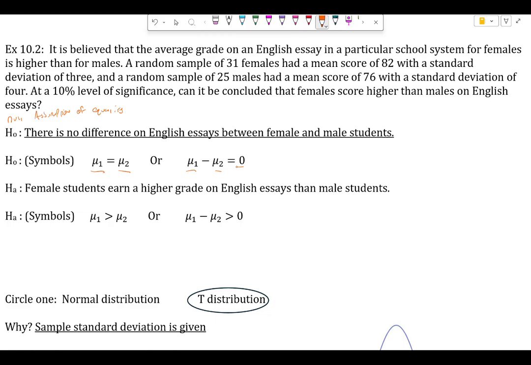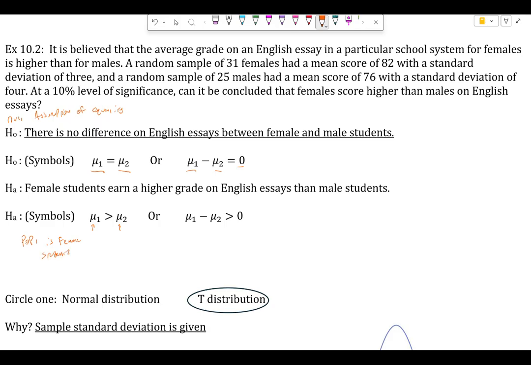The alternative hypothesis is that the average grade on English essays in a particular school system for females is higher than for males. So we would say something to the effect of female students earn a higher grade on English essays than male students do. We are going to assume here, the way that I have it written, that population 1 is the female students.